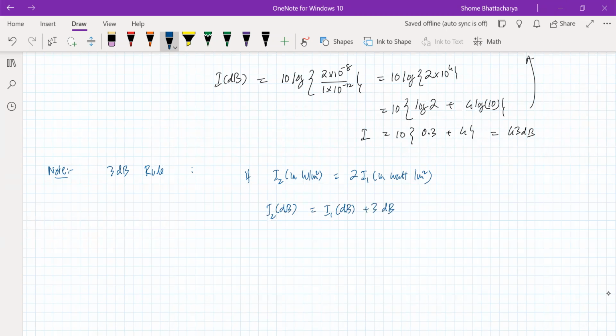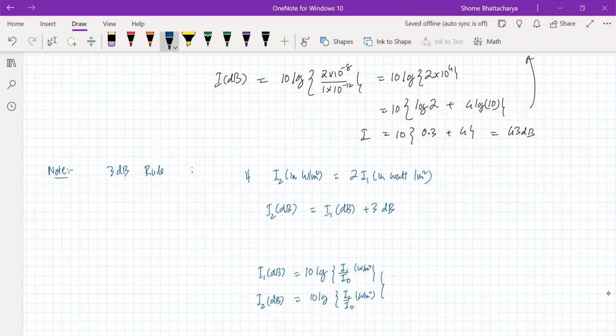Now, this is very simple to understand because I1 in decibels is 10 log I1 divided by I0 in watt per meter square. I2 in decibels is 10 log I2 by I0 in watt per meter square.